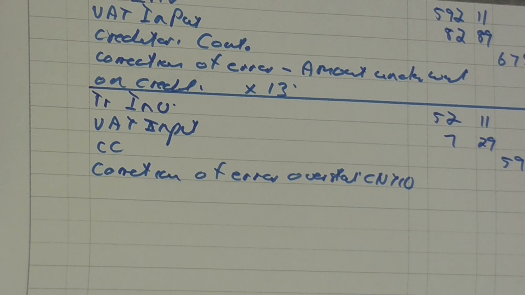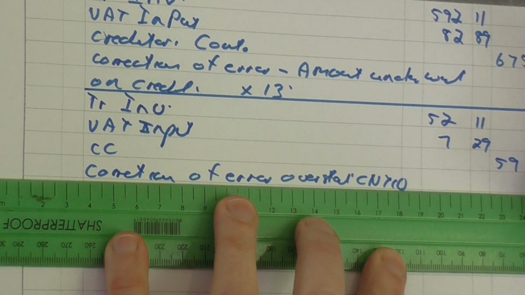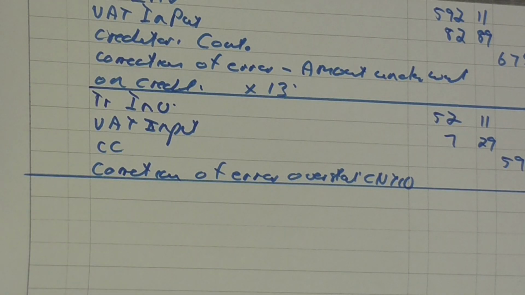And that's it. Or is it? Remember, the moment you make an entry into your general journal for your creditors or debtors, that amount needs to be transferred to your creditors ledger. Must never forget that. So let's transfer that quickly to our creditors ledger.